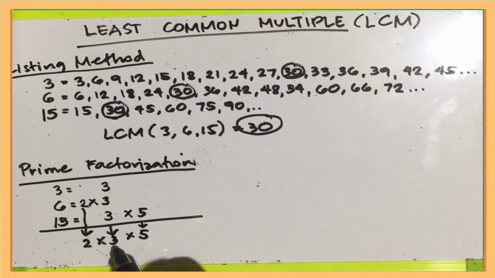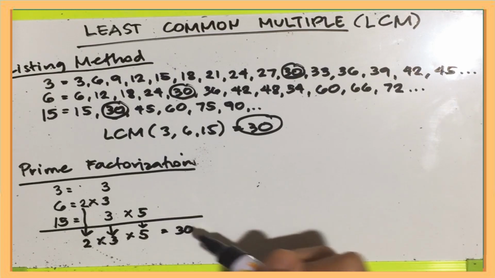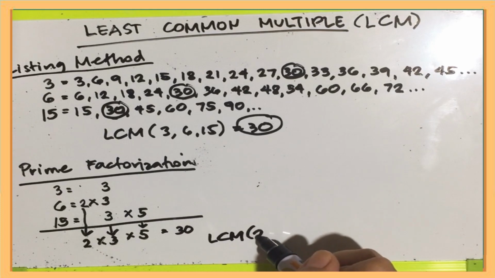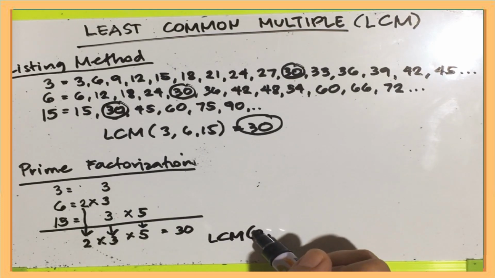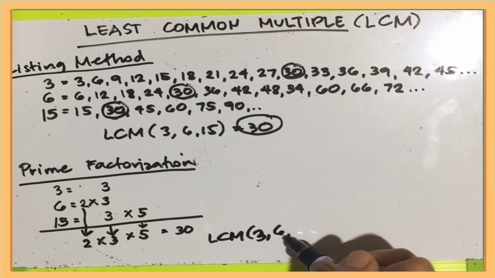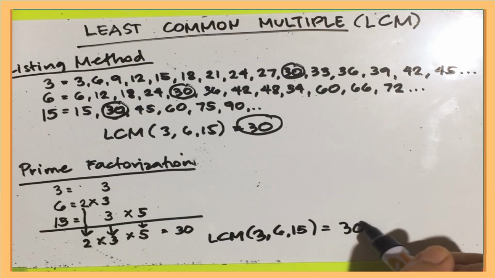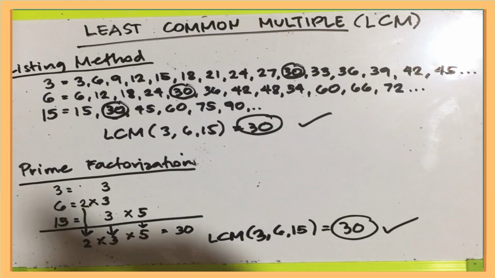So 2 times 3 is 6 times 5 is 30. Therefore, the LCM of 3, 6, and 15 is 30. We got the same answer.